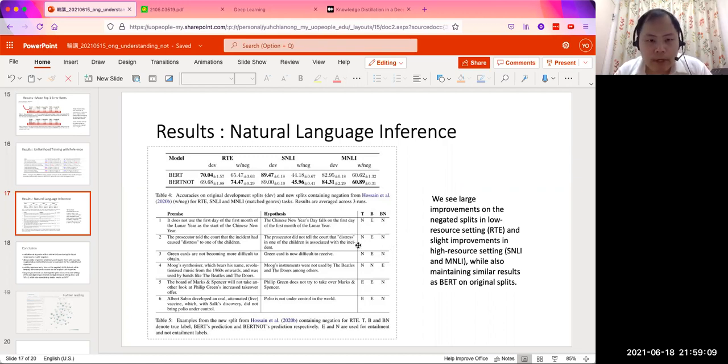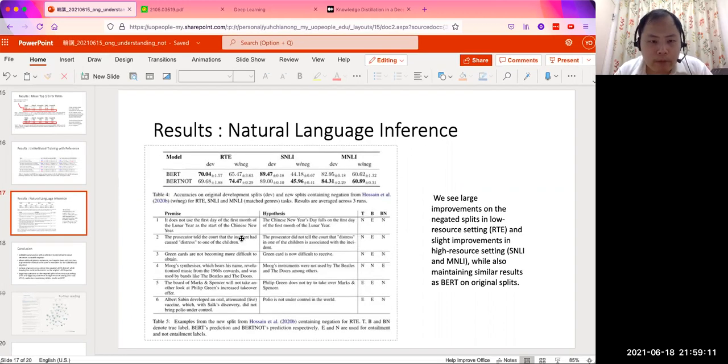And if you look at the specific example, it's quite clear. For example, it does not use the first day of the first month of the Lunar New Year as the start of the Chinese New Year. This is a premise, and the corresponding hypothesis is the Chinese New Year's Day falls on the first day of the first month of the Lunar New Year, which we know does not logically follow.